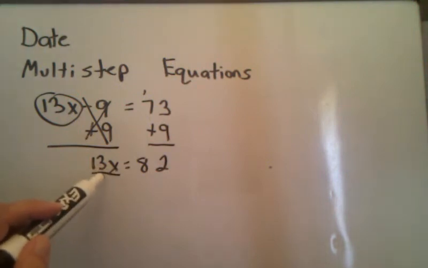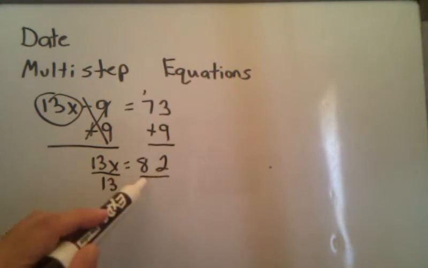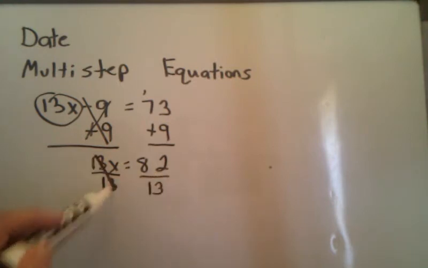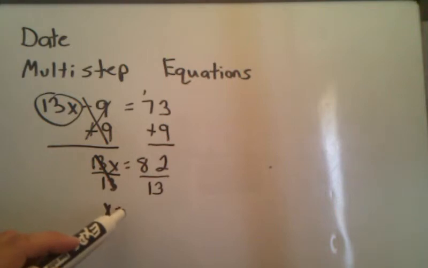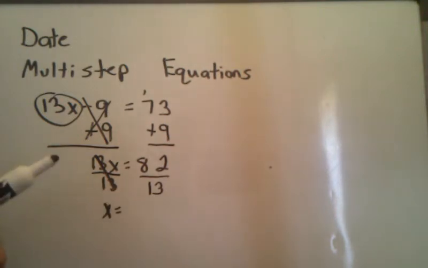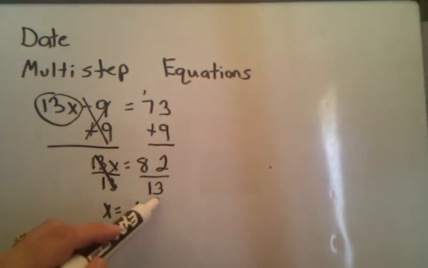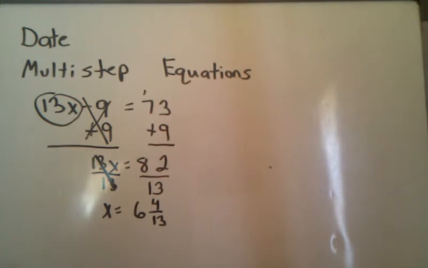The opposite of times is divide, so to get rid of the 13 I have to divide it. But if I do it to one side, I have to do it to the other. So x equals 82 divided by 13. I'm going to get 6. My remainder is 4. Keep my denominator the same. Okay?